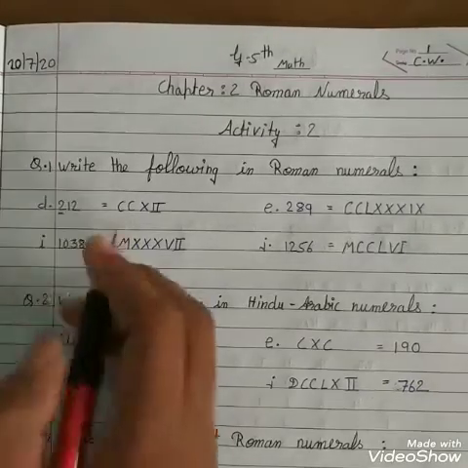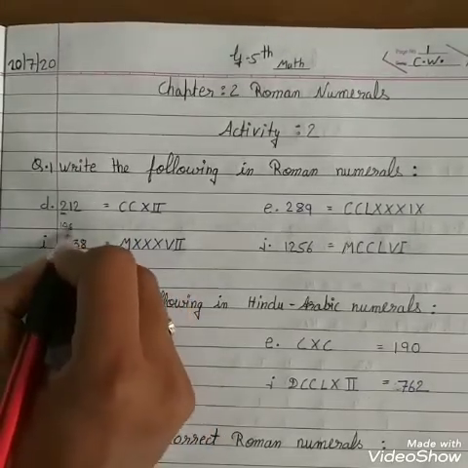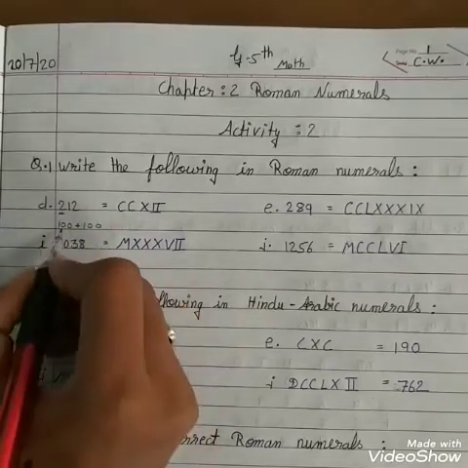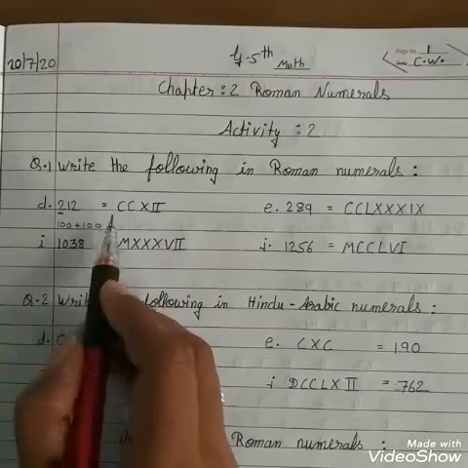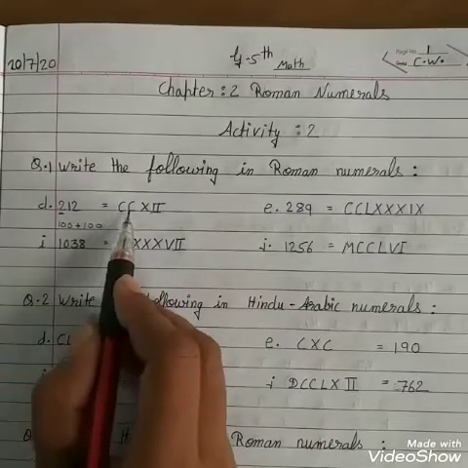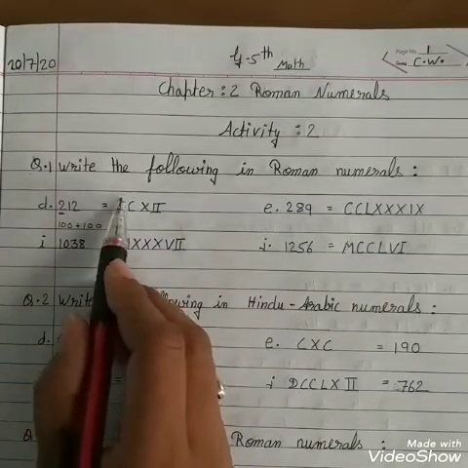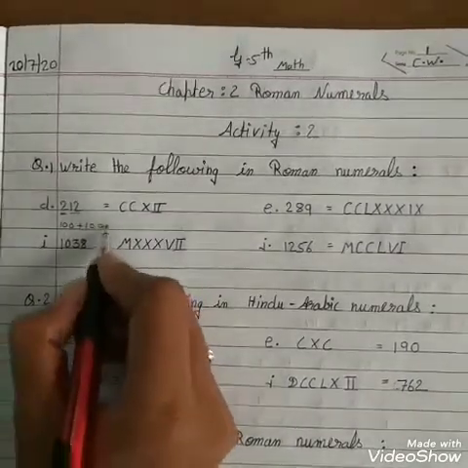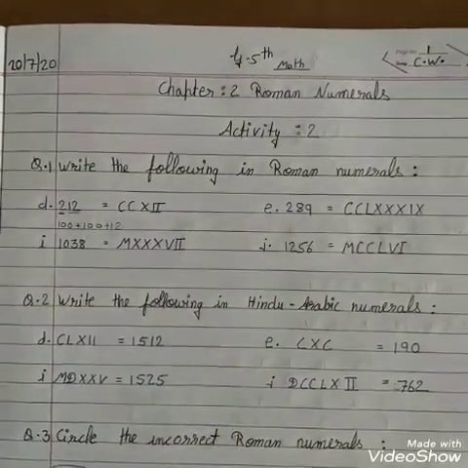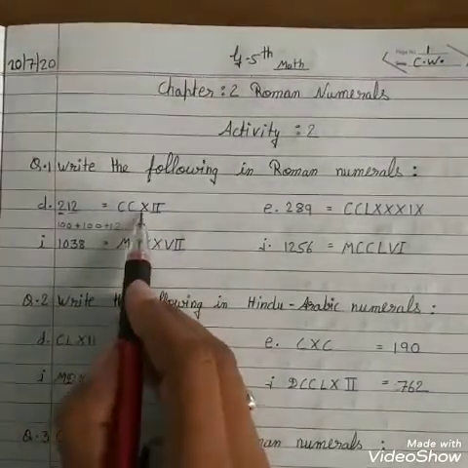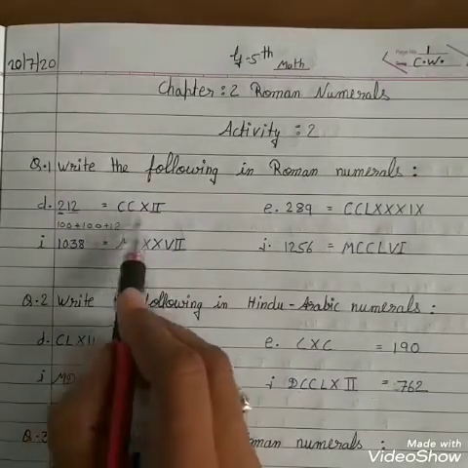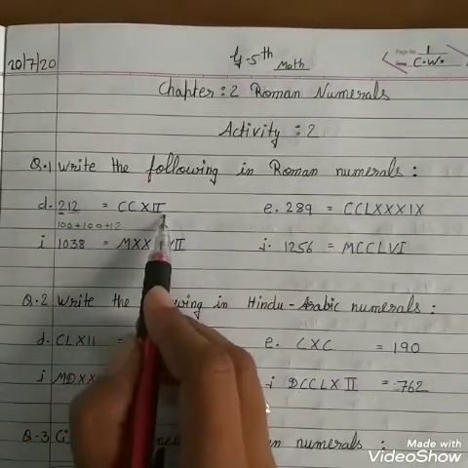So we will write first 100, again 100, and this becomes 200. So we write capital C, capital C. Both are 200. Now we have to write 12. Now we can write 12 like this. Now this number is 212.